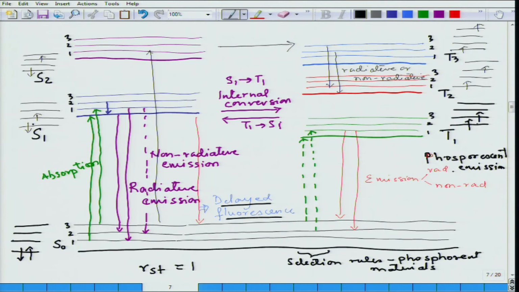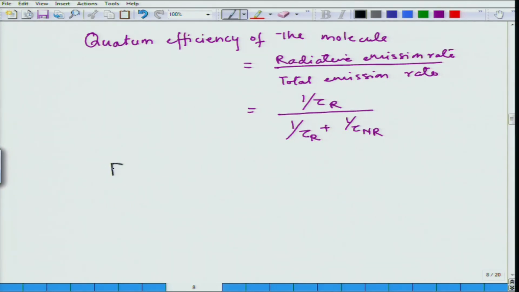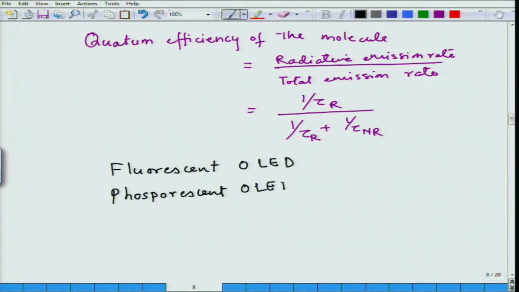So, depending on which molecule one chooses, one can have fluorescent OLED, which means that the fluorescence emission was the dominating emission in that particular material, or one can have phosphorescent OLED, which means the phosphorescent emission was the dominating emission in that particular material.